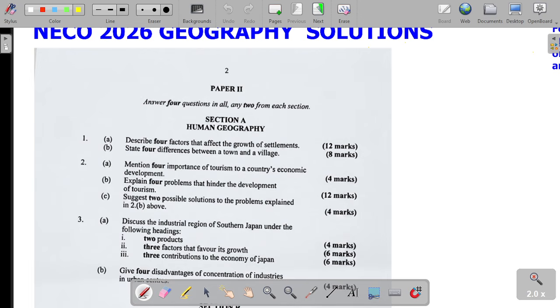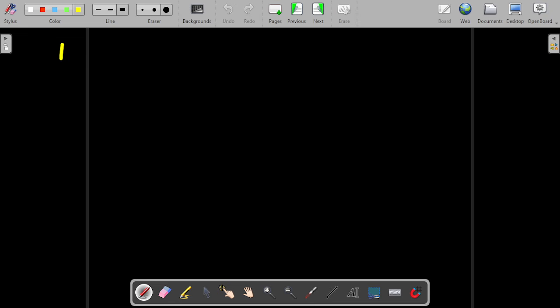So let's look at question 1b. 1b says state 4 differences between town and village. So you can start. I use that definition.